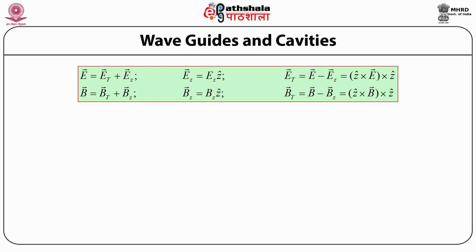Similarly, the magnetic field induction vector B is equal to the transverse component of B plus the z component of B, where the z component of the magnetic field induction is equal to Bz times the unit vector z, while the transverse component of the magnetic field induction vector is equal to the vector B minus the vector along the z-axis, and this is given as the bracket of the cross product of the unit vector z with the magnetic field induction vector B, whole cross product with the unit vector z.